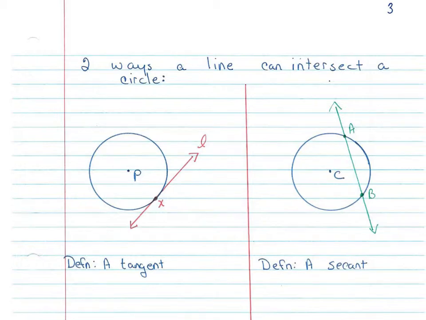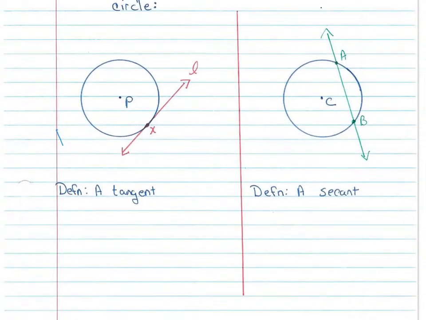We want to look at ways that a line can intersect a circle. We've got 2 different ways that a line can intersect a circle. The first one I have drawn for you intersects the circle in one point. Line L intersects circle P in one point. These are coplanar, so we're talking about coplanar lines, but a tangent line is a coplanar line that intersects a circle in exactly one point.